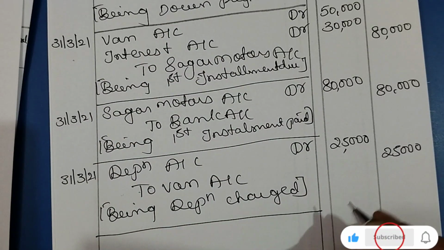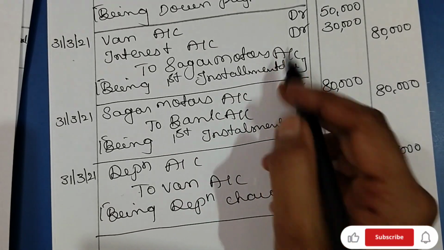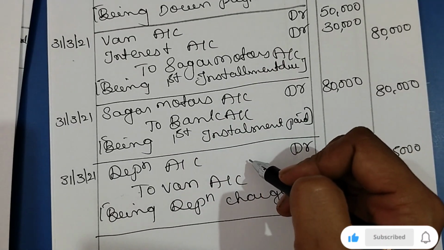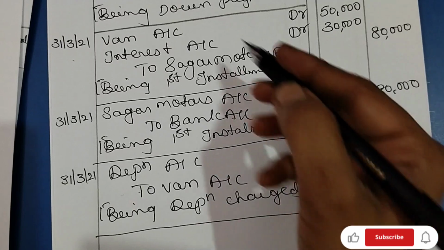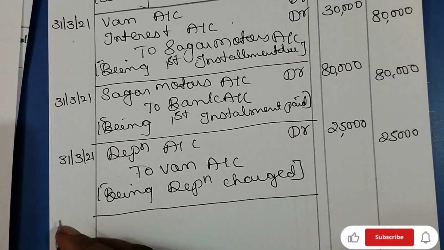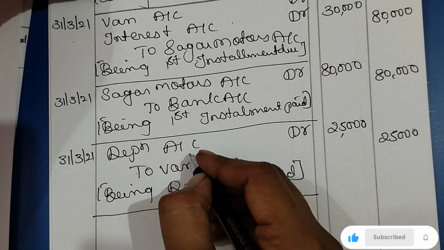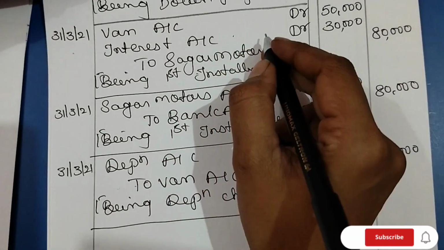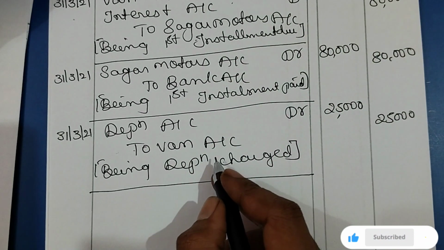Now we have created the interest account and the depreciation account. We need to transfer the interest and depreciation to profit and loss account. While we created the accounts, we debited the interest account and the depreciation account.